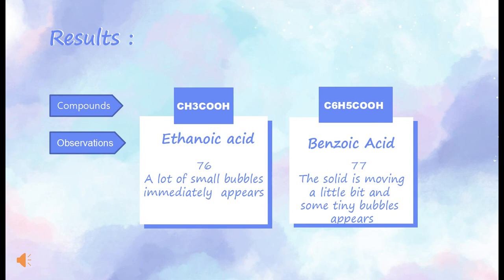For the compound ethanoic acid, I put clip 76 as its observation because in that clip, what I observed is that a lot of small bubbles appear immediately. The next one is the compound benzoic acid. I put clip 77, and what I observed from that clip is that the solid is moving a little bit and only some tiny bubbles appear.